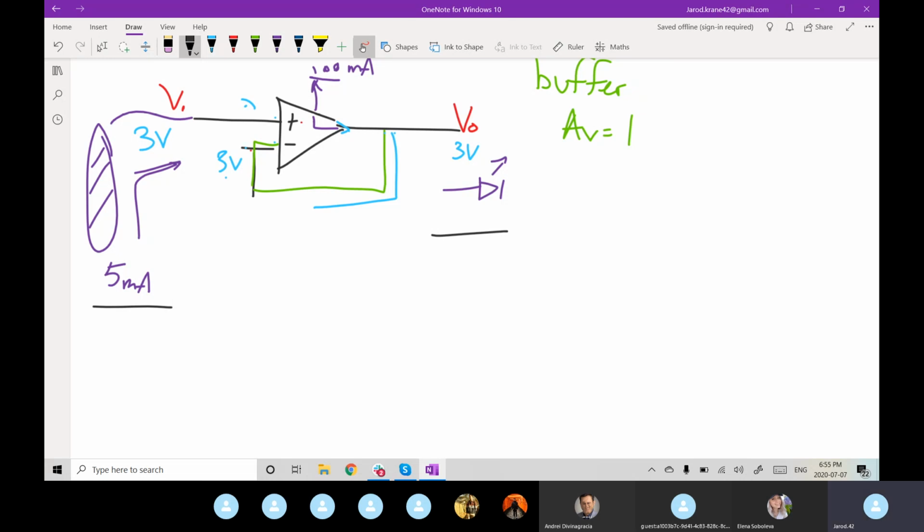Probably not even size related, because at such low currents, MOSFETs can be just as small as some OpAmps.